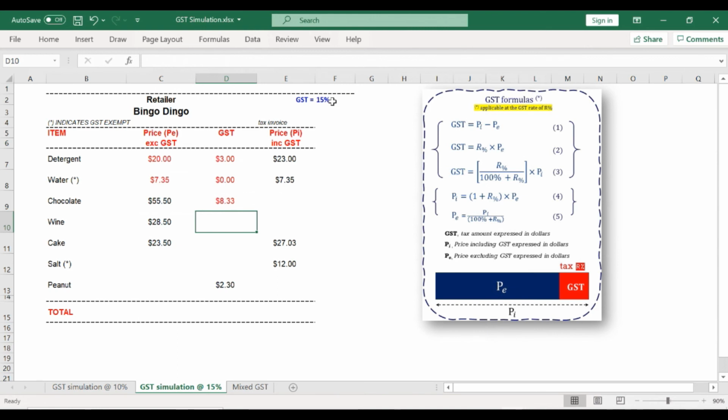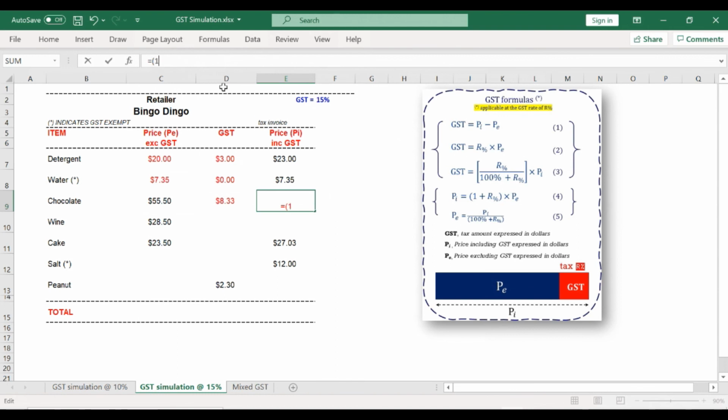In terms of the price including GST, we can use equation number 4. That is because I already have PE and also the rate, so it's quite straightforward. So we just come up here and type equal, and open the bracket. Then we have 1 plus the rate itself.